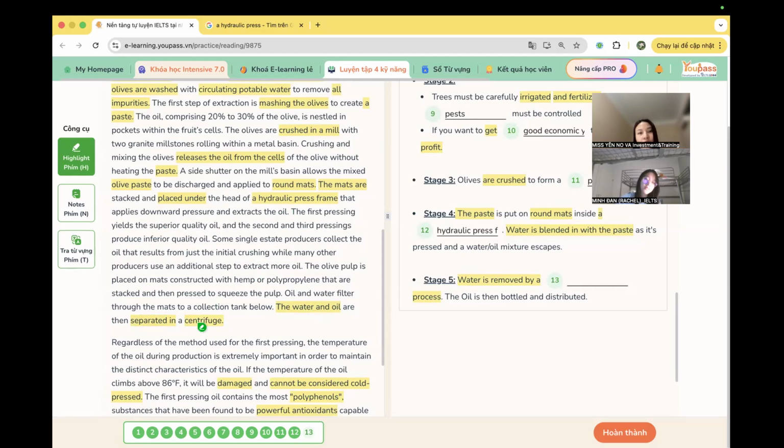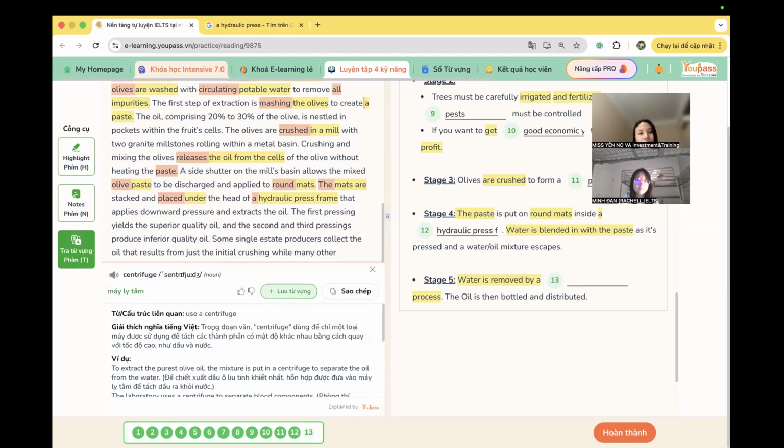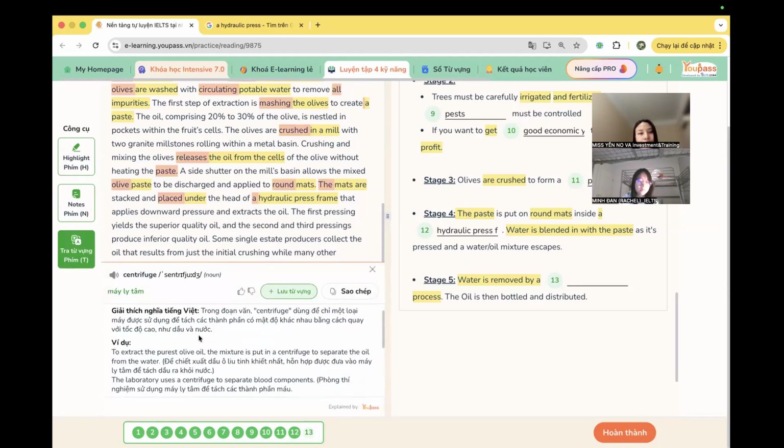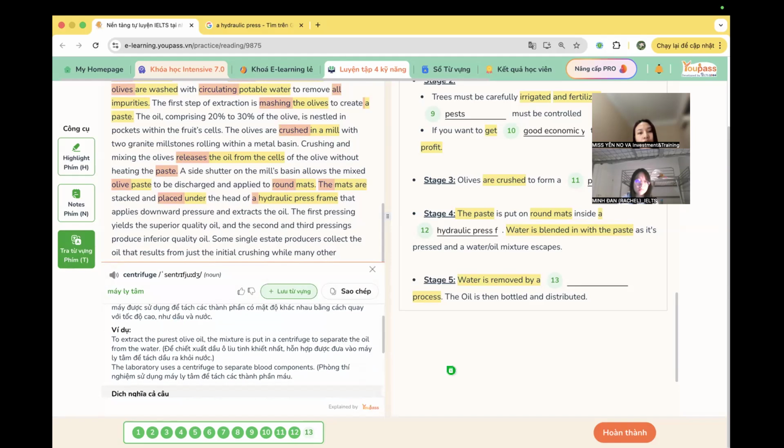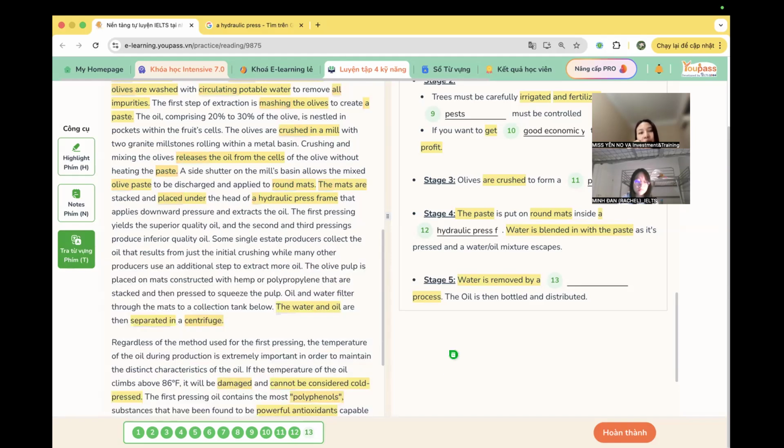This centrifuge, in the writing task, you can see that it is a kind of machine that can separate the extract. So mostly, how does this function? It will spin really fast to separate the solid, the water, and the oil.